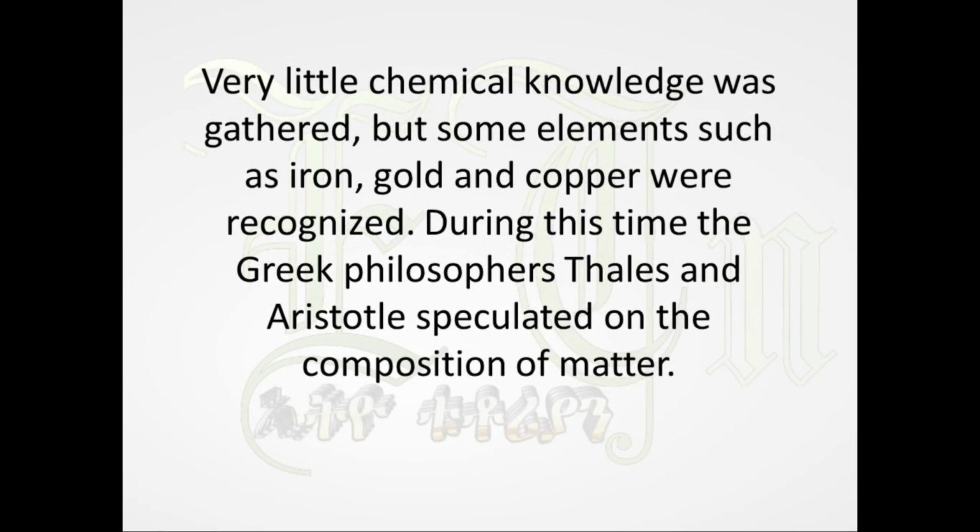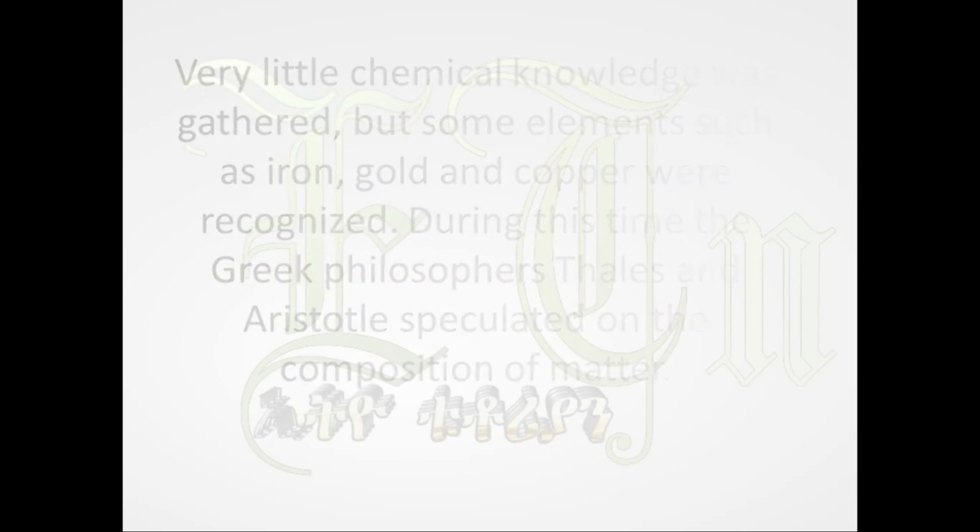Very little chemical knowledge was gathered, but some elements such as iron, gold, and copper were recognized. During this time, the Greek philosophers Thales and Aristotle speculated on the composition of matter.